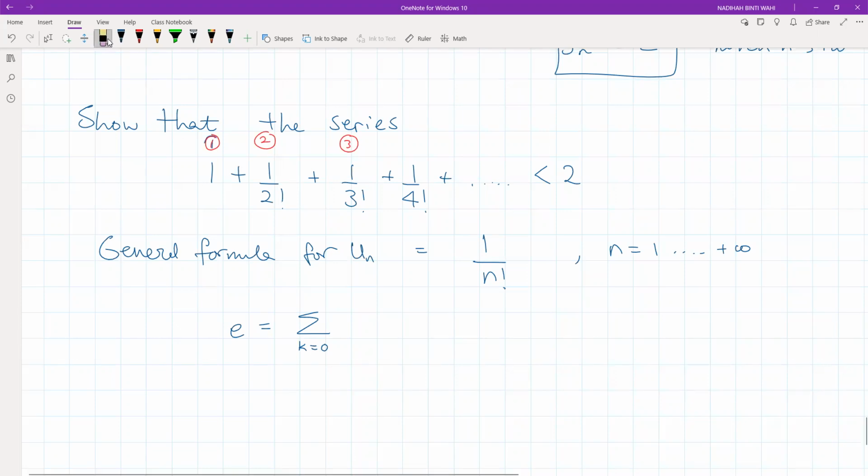Saya nak padam sikit. So, E is just what? 1 plus 1 plus 1 over 2 factorial plus 1 over 3 factorial plus 1 over 4 factorial plus and so on.